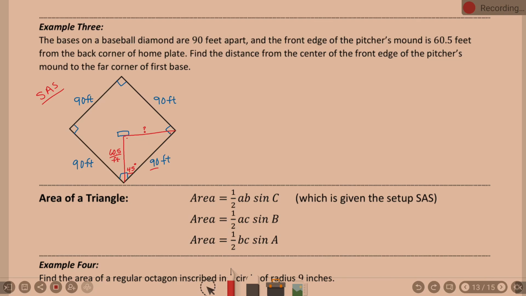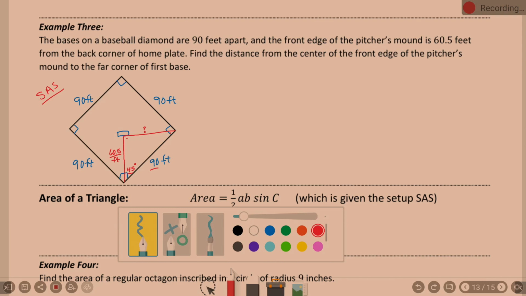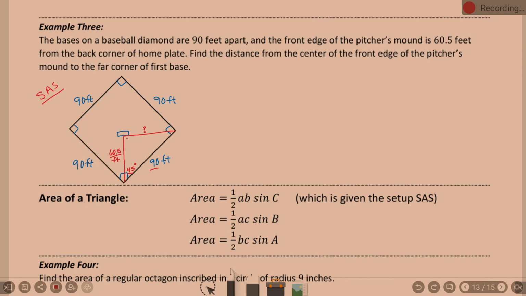If I label it, I'm just going to make random labels. It doesn't really matter which one you go. If I say this is A, B, C, then that means I know side B, and I know side A, and I'm trying to find side C. Fair enough?